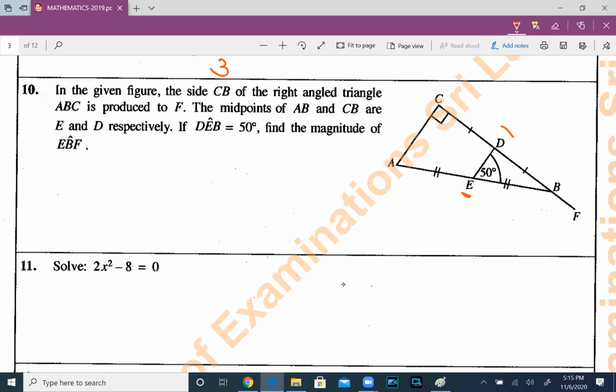If DEB is equal to 50 degrees, find the magnitude of EBF. So this is what you need to find.